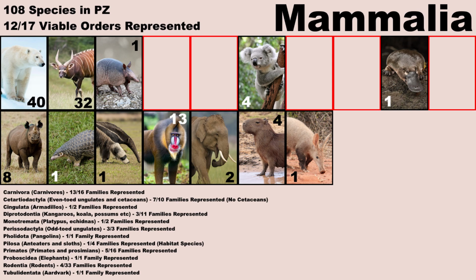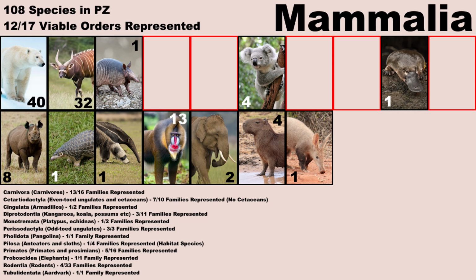So if you want to know more, read through that, but I'll just go through the basic stuff up the top here. So even-toed ungulates and cetaceans apparently put in there a new group with a new name. I don't really like it, but that's what it said on IUCN, which I tend to use just as a base for things. So 32 of them. We've got 1 armadillo.